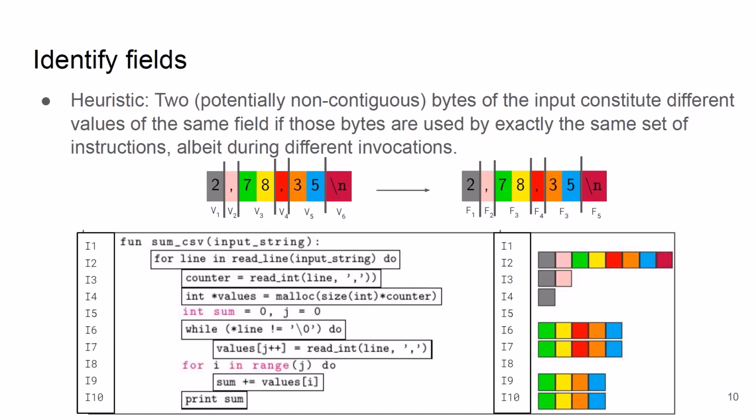Bytes 78 and 35 are used at exactly I7 and I9. And the comma that follows 2 is used only at I2 and I3. So irrespective of the different data you provide, the number of instructions that access those bytes would remain the same for a given program.